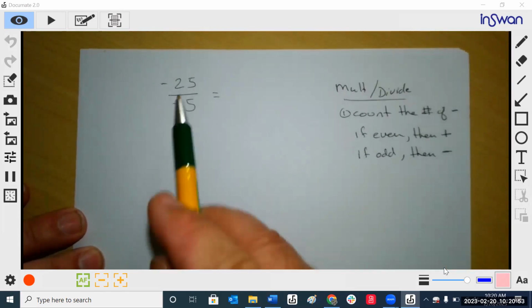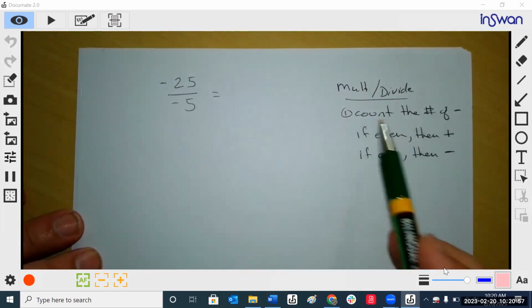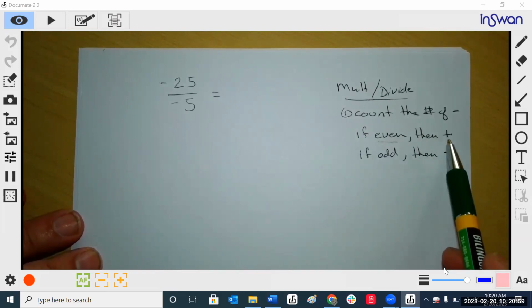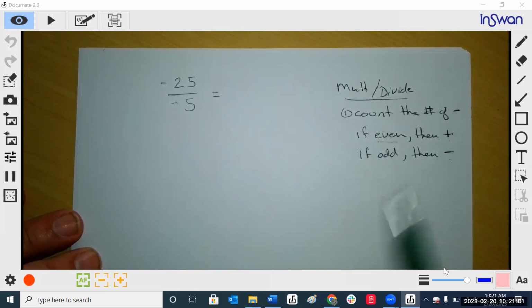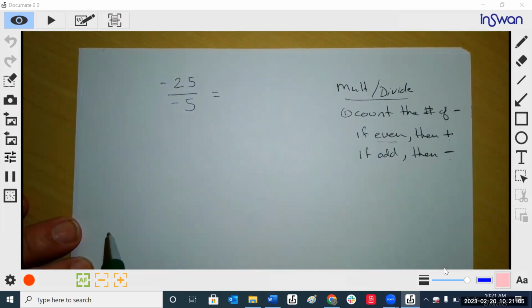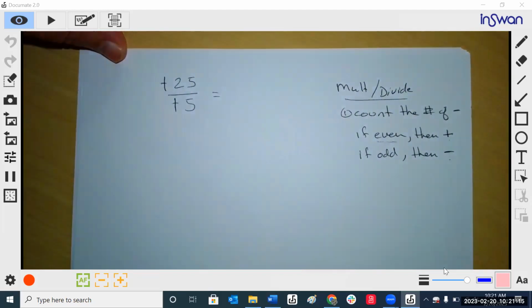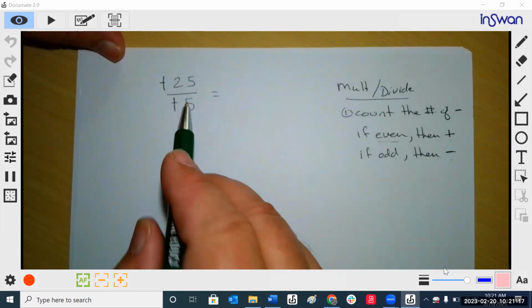Whenever you multiply, just count the number of negative signs. If it's even, the answer is positive. If it's odd, the answer is negative. So multiplication, division, that's the rule. Addition, subtraction, it's whatever is larger. So basically, the two negative signs cancel. 25 divided by 5 is?